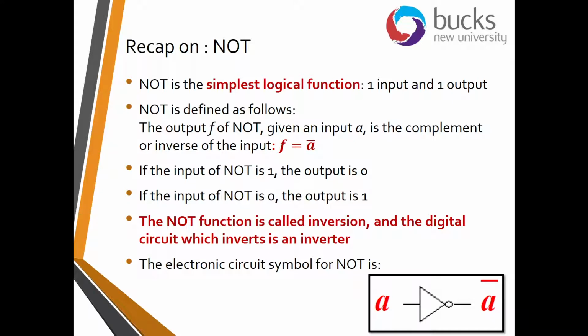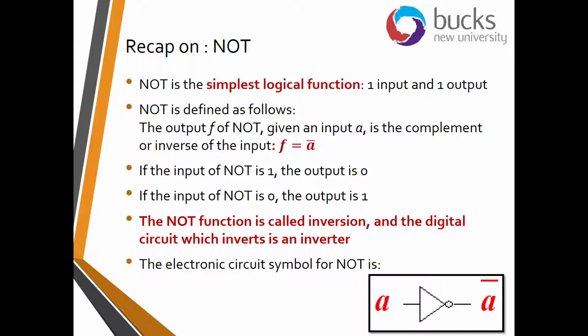A recap on the NOT gate. NOT is the simplest logical function that we have: 1 input and 1 output only. NOT is defined as follows: the output F of NOT given input A is the complement or inverse of the input.